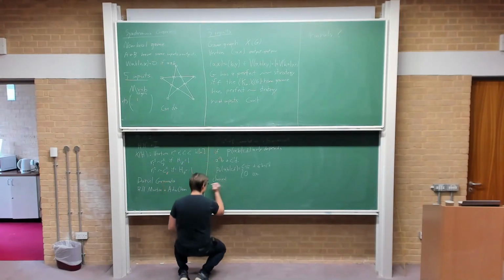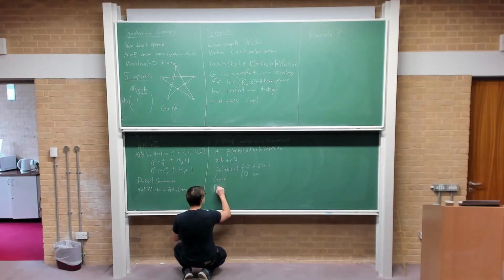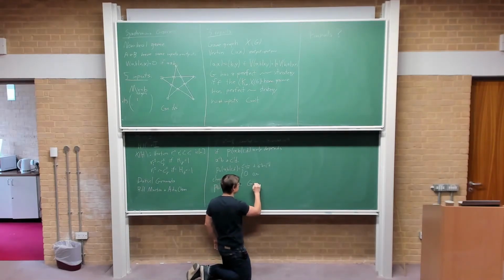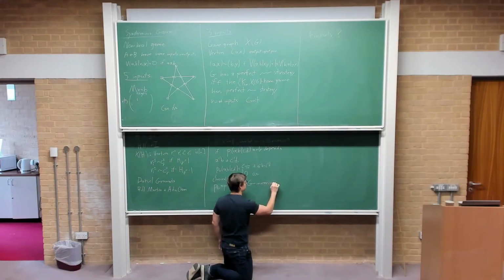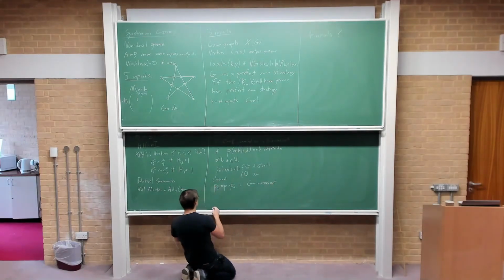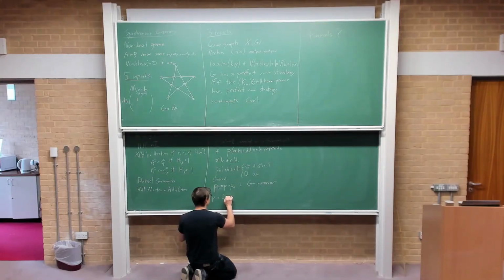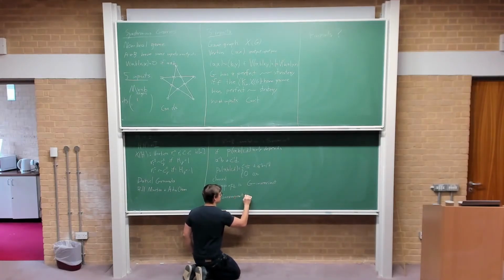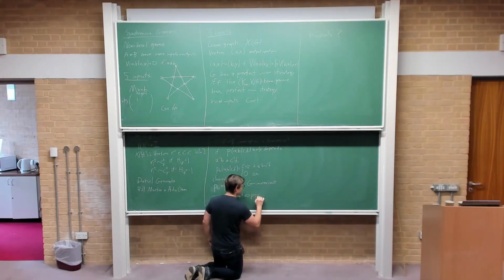So if I do this composition, G composed with P composed with G, this is always G invariant. All right, and also P is G invariant if and only if P equals G.